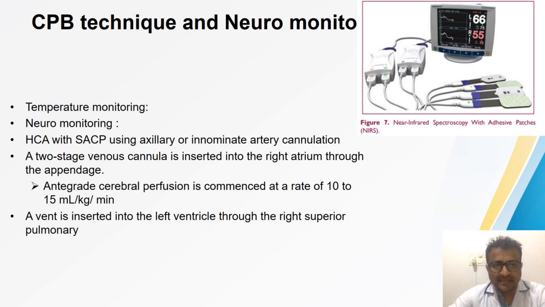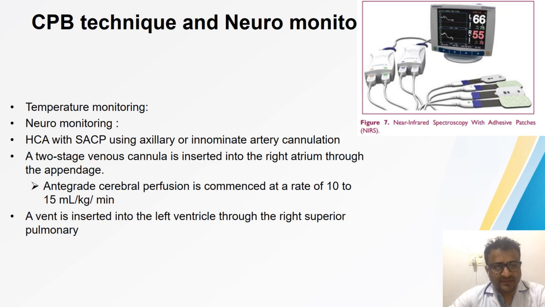In such cases, selective antegrade perfusion is initiated. When only the ascending aorta is involved, the patient may not require selective antegrade perfusion and hypothermic circulatory arrest, but when the arch vessel is involved and the patient requires arch intervention also, hypothermic circulatory arrest with selective antegrade perfusion is initiated.